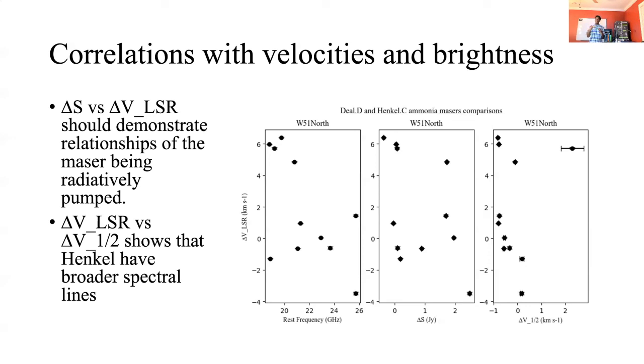So his data set may be more broad, and my data sets are more narrow overall, which allows for more precise measurements. So these are something to look at as I add more masers to the catalog.